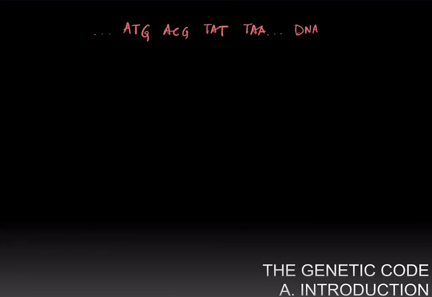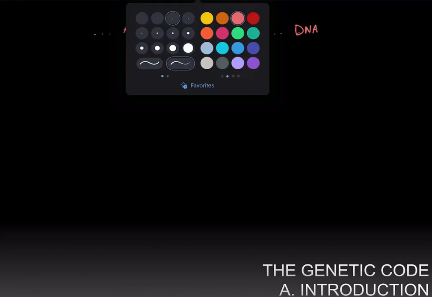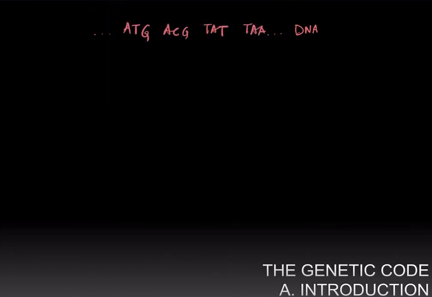Let's say we have DNA with a coding sequence shown here. When we transcribe this DNA sequence into RNA, all we need to do is copy the sequence down, remembering to replace the thymines with uracils, since RNA has uracil instead of thymine, but essentially you copy the sequence of the coding strand down.